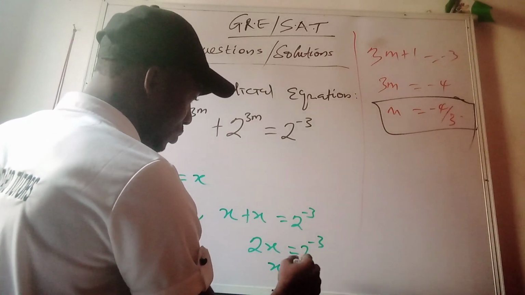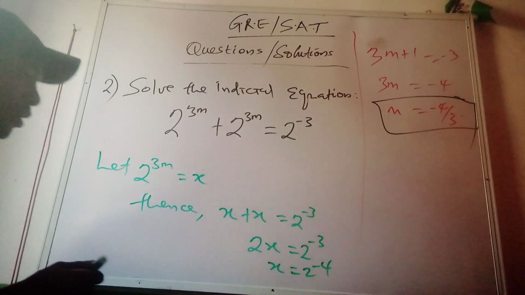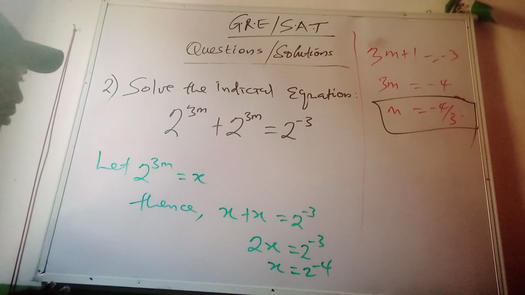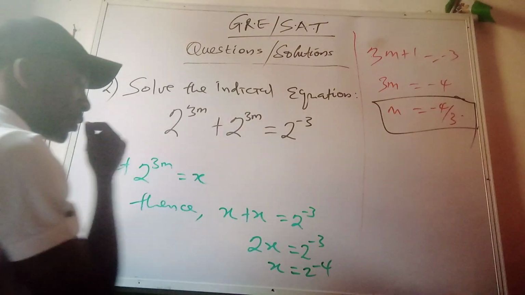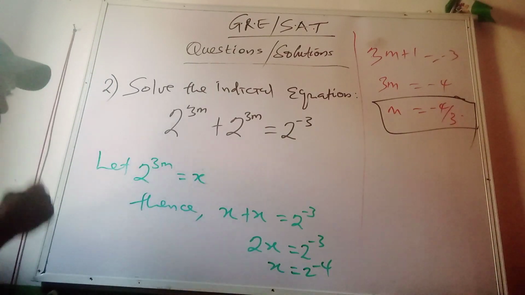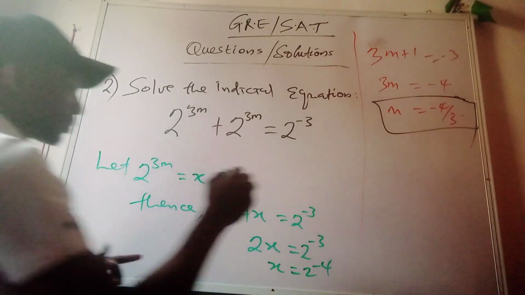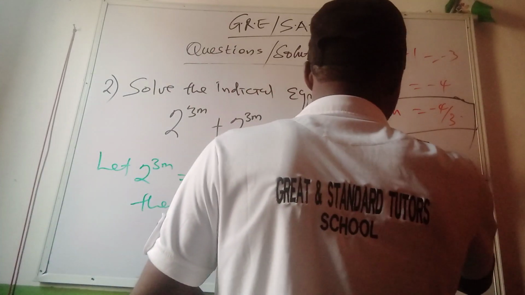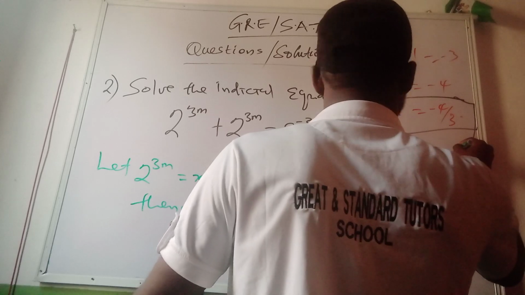Divide both sides by 2, it's going to be equal to 2 raised to power minus 4. Because you know this is 2 divided by 2, that's 2 raised to power 1. Take the 1 up. It's going to be 2 raised to power minus 4. Yes, that's the value of x. But don't forget that x is equal to 2 raised to power 3m.